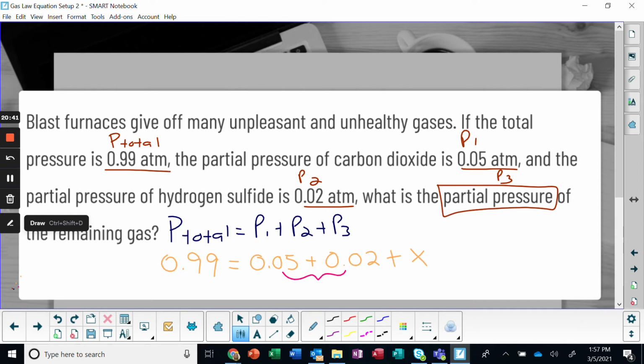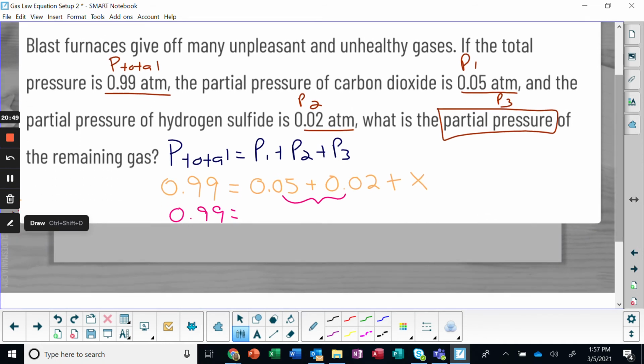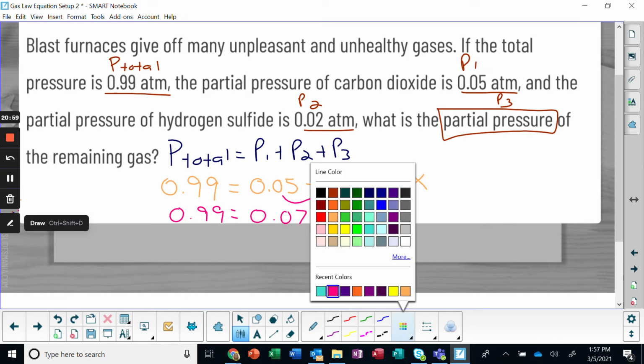Go ahead, add those together. So we get 0.99 equals, let me move this down, 0.05 plus 0.02 gives us 0.07 plus the X, right? Now we have to solve for X.